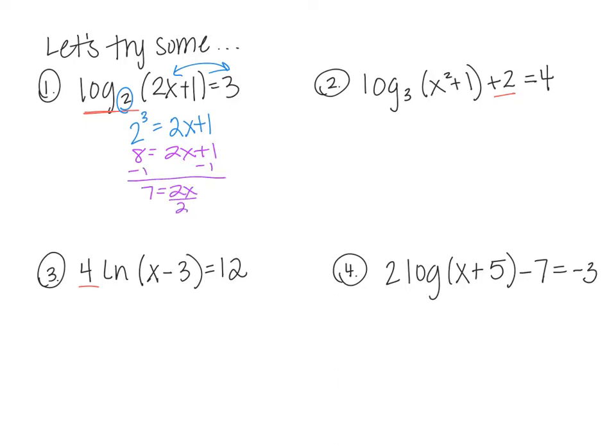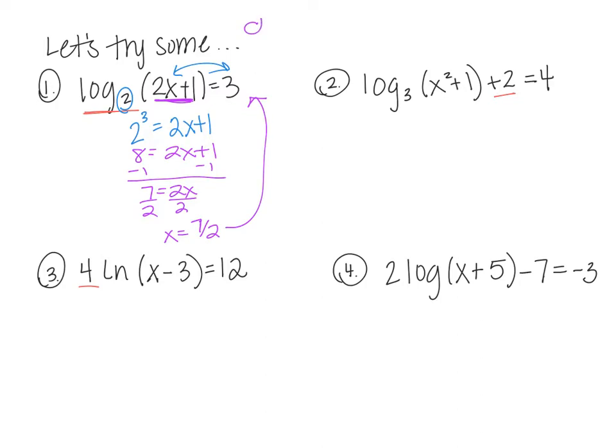Then I'm going to divide. You can leave it as a fraction or you can leave it as a decimal. It doesn't matter. I want to make sure that it works, so I'm going to go back up to my function here. I'll know that it works as long as the value that I get inside of every log is positive.